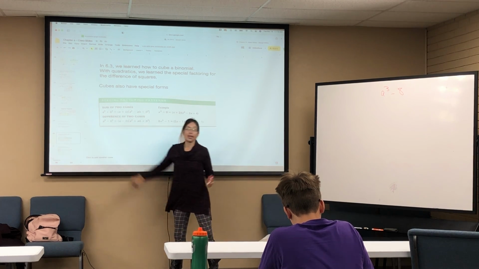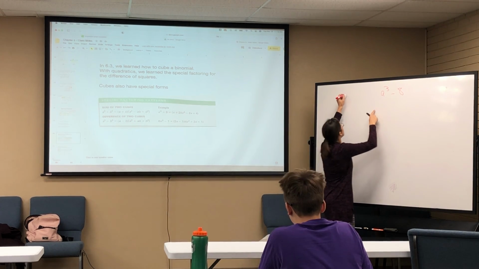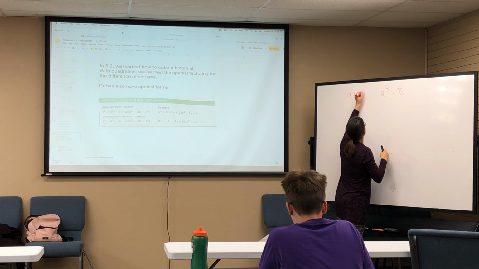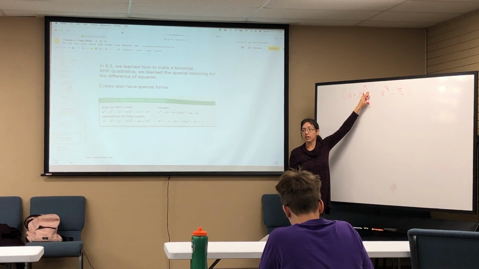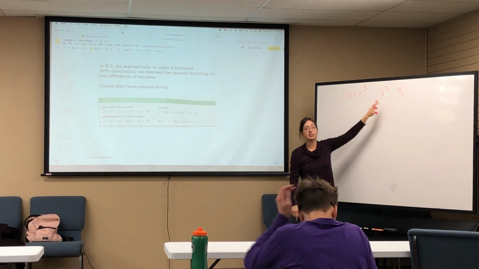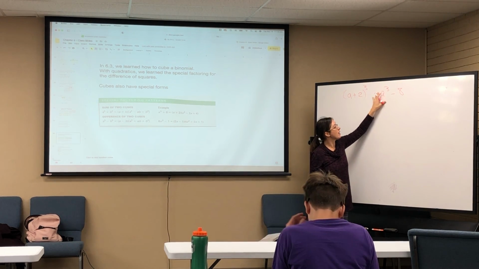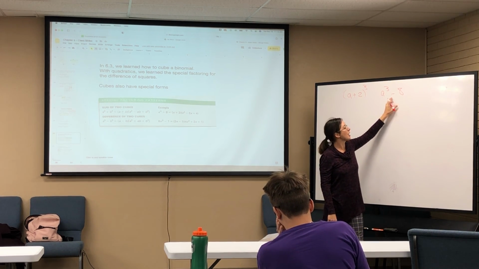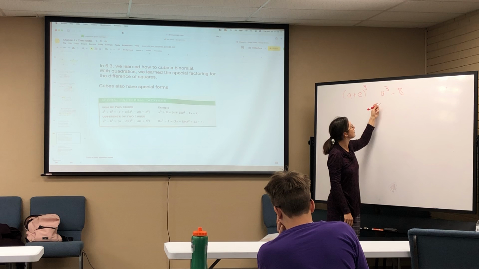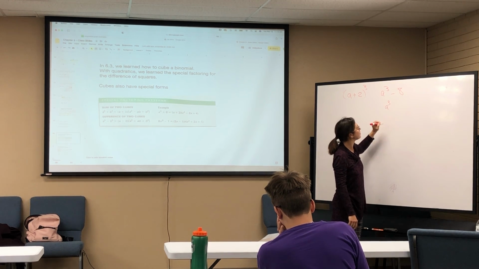So in this case, this does not look like our A and our B values cubed all together. Okay? These are not the same. This is our first value is cubed, and we are either adding or subtracting our second value. How could I rewrite this so that they're both cubed?